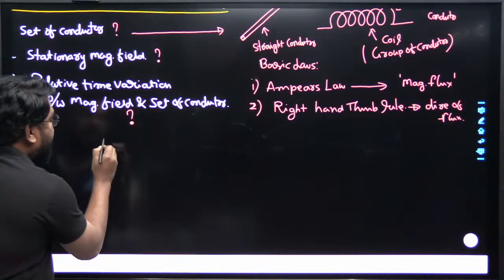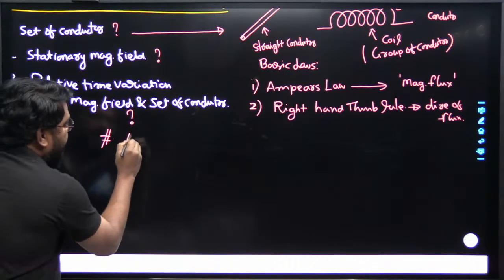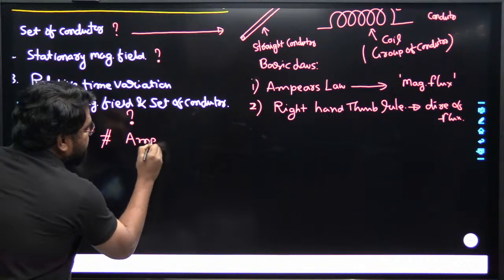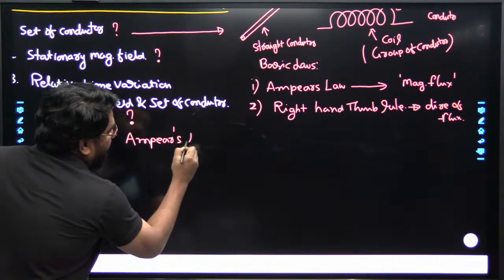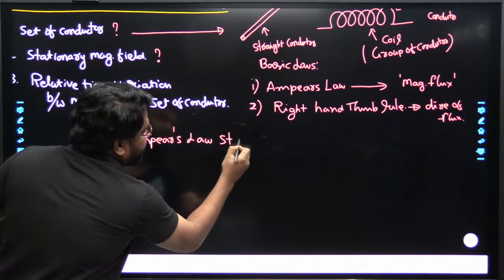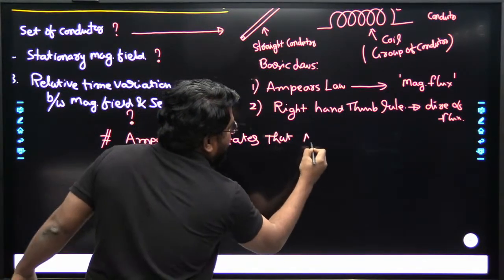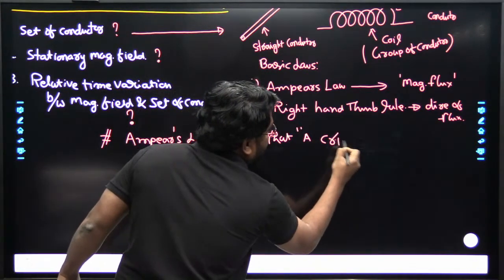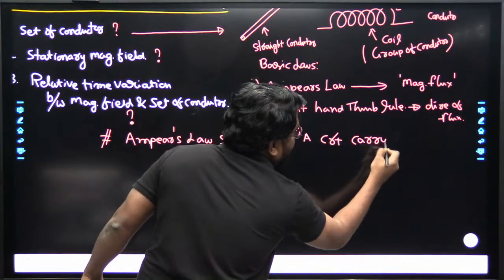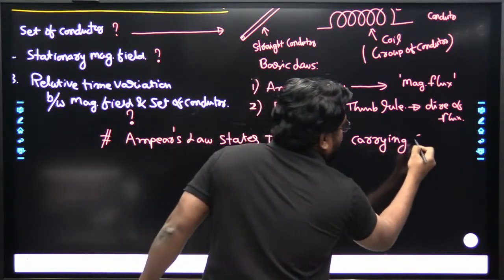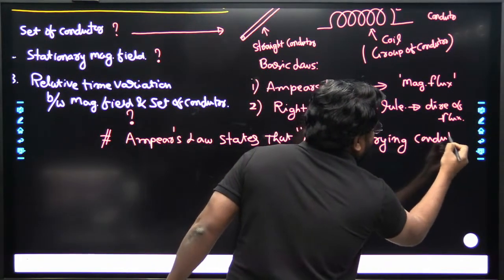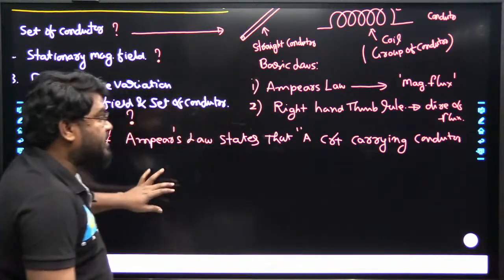So what we conclude here is Ampere's law, which states that a current carrying conductor produces a magnetic field around it, and the direction of the magnetic field can be obtained by using the right hand thumb rule. Very important: if you know this you can understand everything here.